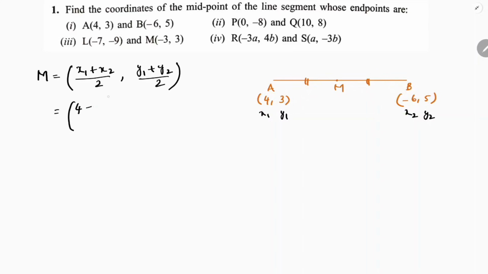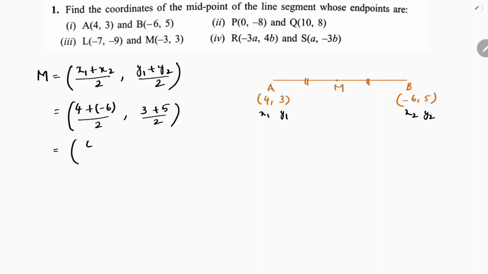4 plus x2, which is minus 6, by 2, or you can write one extra step here: 4 plus minus 6 by 2. y1 is 3, y2 is 5, by 2.